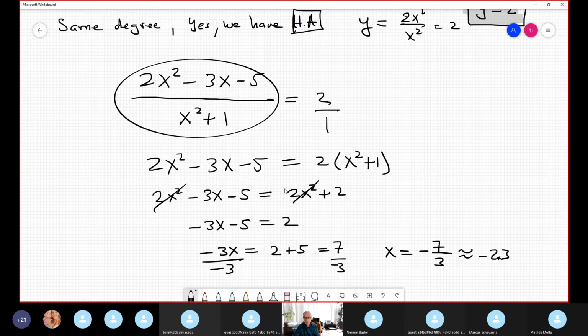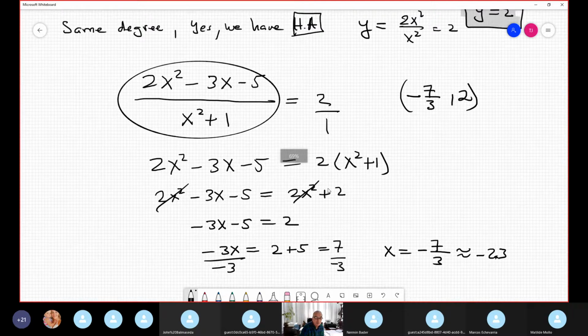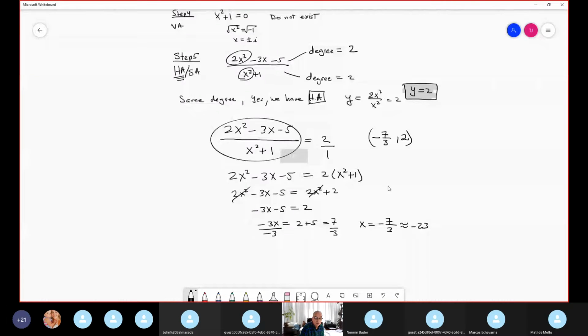So the important point is negative 7 over 3 for the x component, comma 2, the point in which the curve crosses the horizontal asymptote. Okay, now what is the next step? We did step number 5, no?